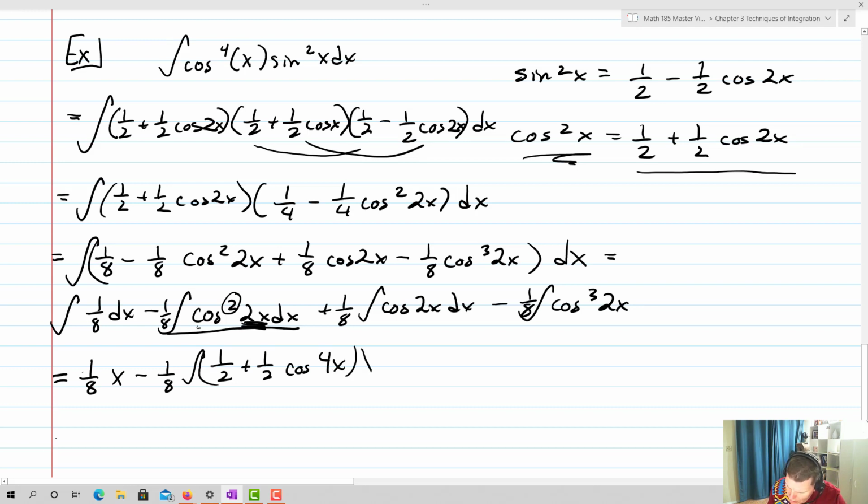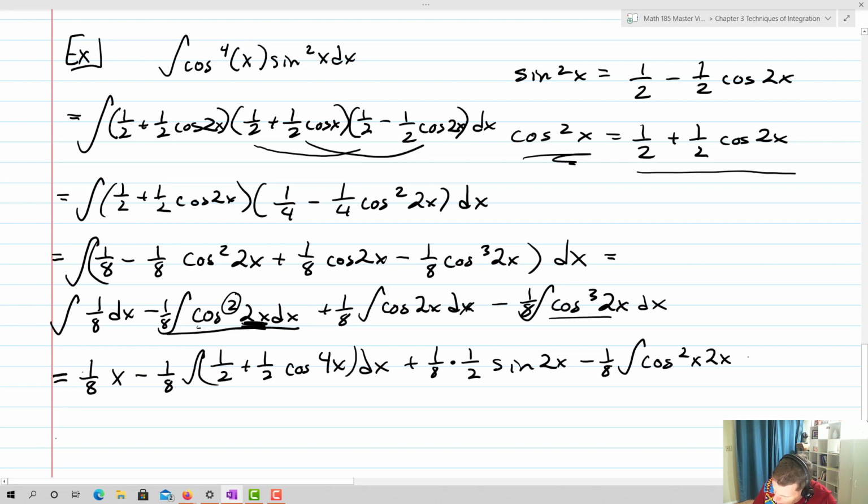All that dx plus 1/8, and then cosine 2x, we can actually just use a simple U substitution. It'll end up being 1/2 of sine 2x, and then minus, and then this cosine cubed 2x dx, we're going to need to utilize our techniques that we learned a little bit earlier. We're going to make that cosine squared 2x cosine 2x dx.